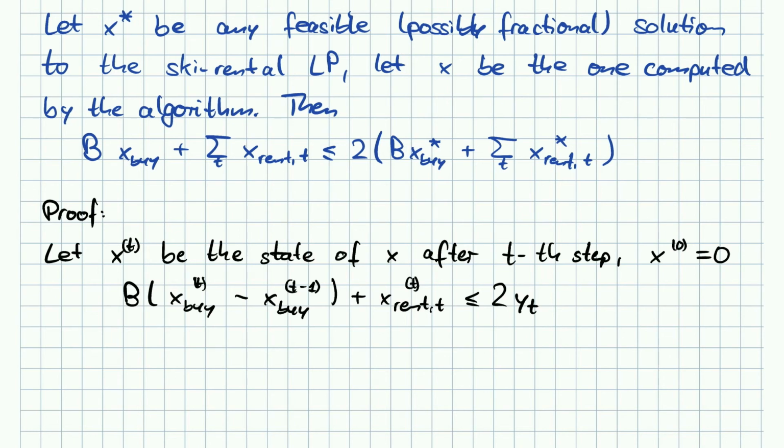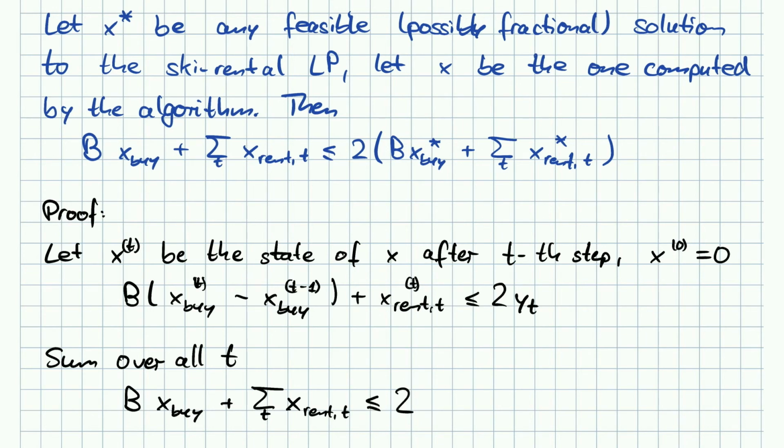Good, what do we now get? If we now take the sum over all t, then we get that b times x buy plus the sum of these x rent t will be no more than 2 times the sum of the yt.